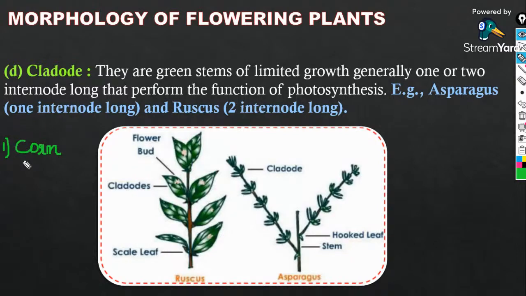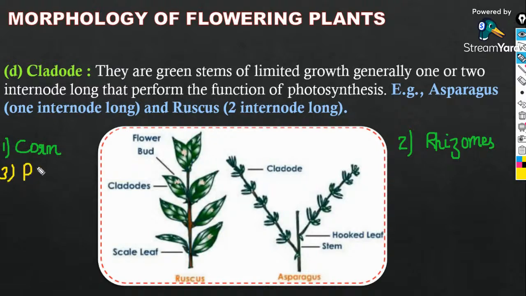The NCERT examples are Colocasia and saffron, examples of corm. Now tell me the examples of rhizome. Yes, Alocasia and saffron also come under corm. Rhizome examples are ginger, turmeric, etc. Water lily, canna, all those are examples of the rhizome.